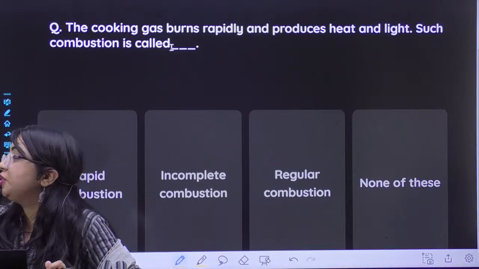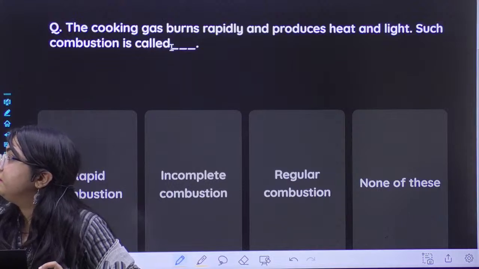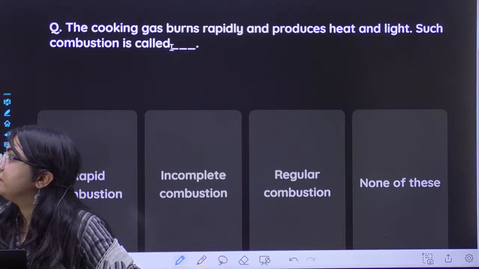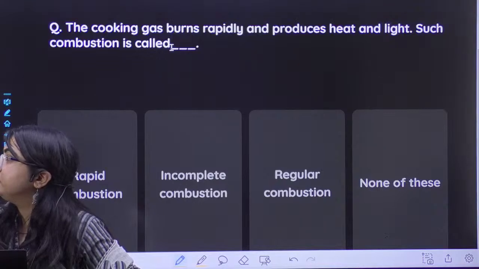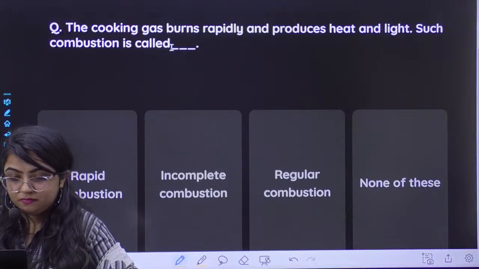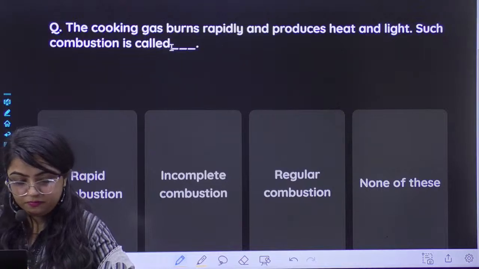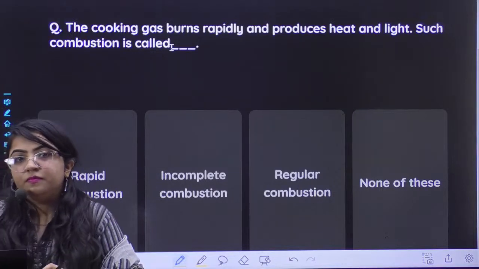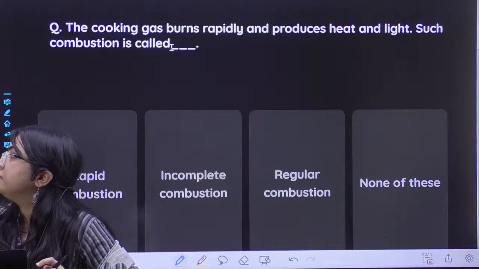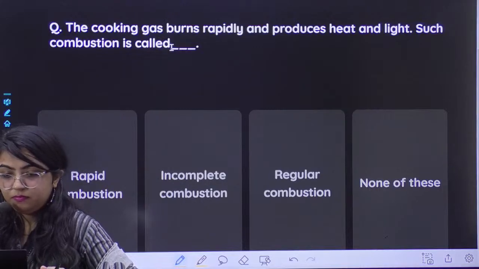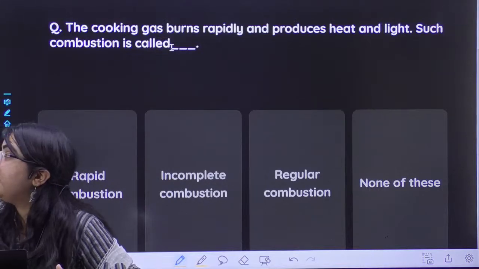Please choose the correct option quickly. Yeah, this question is easy. If something is not clear to you, please ask in the chat box.